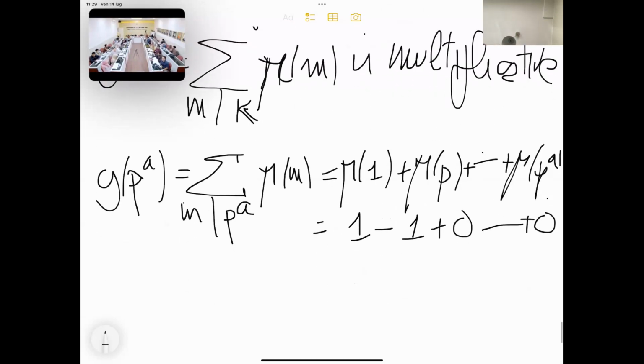So this is always equal to 0, right? Well, g of 1 is 1, because mu of 1 is 1.